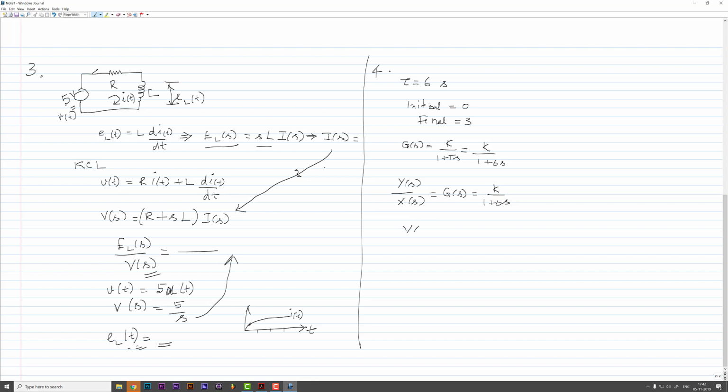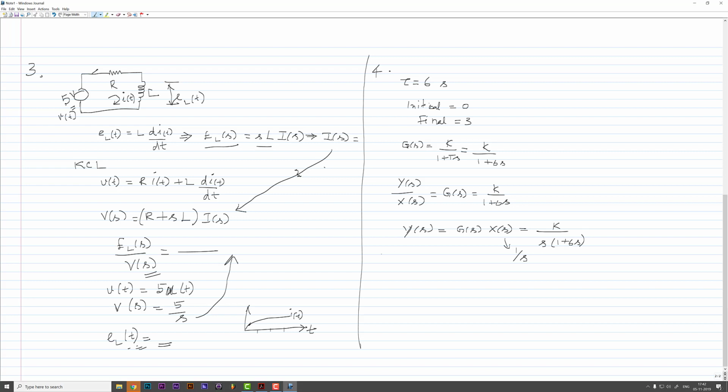Now Y of s is equal to G of s into X of s. If I take x of t input as a step input, then X of s is going to be 1 by s. So it is K into 1 by s times 1 plus 6s.